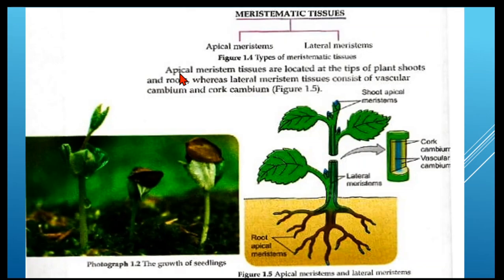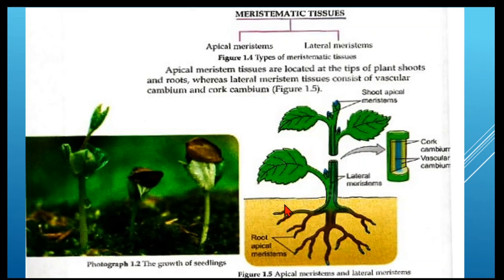Okay, apical meristem tissues are located at the tips of plant shoots and roots. Okay, plant shoots and roots, this one, shoot apical meristem and root apical meristem.